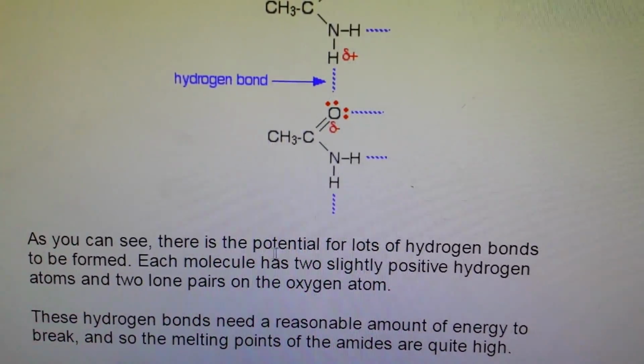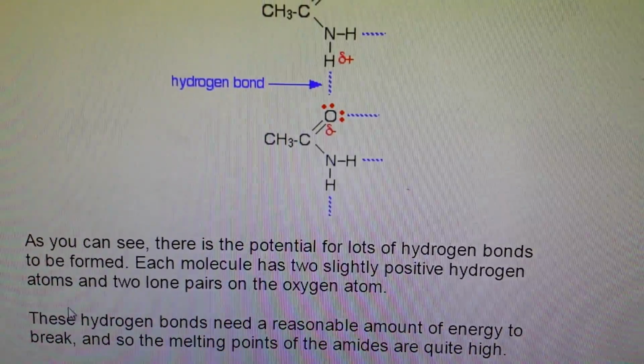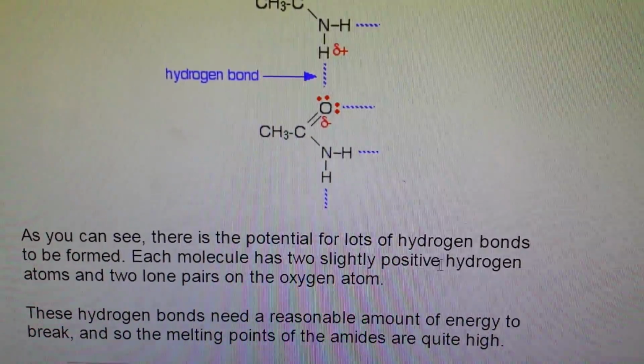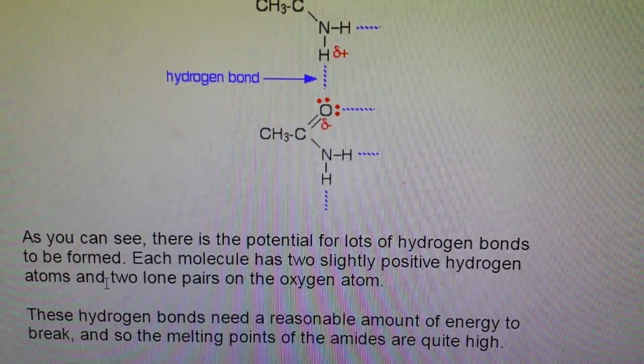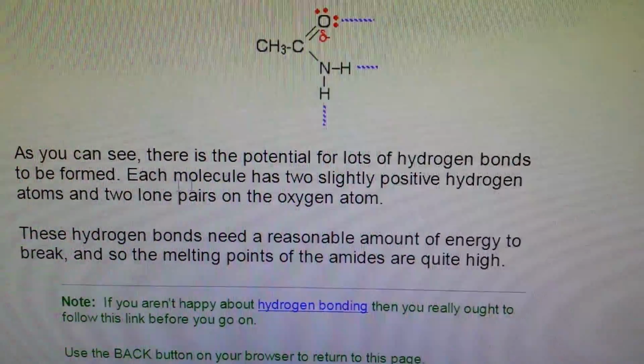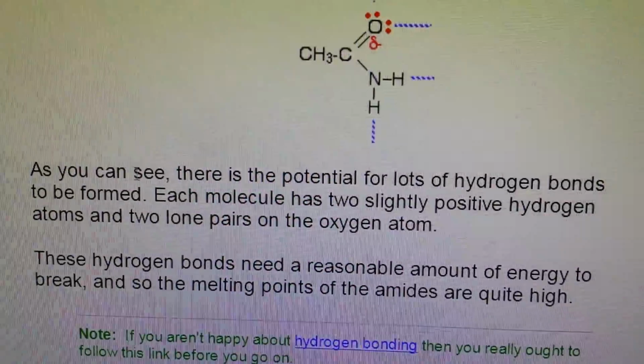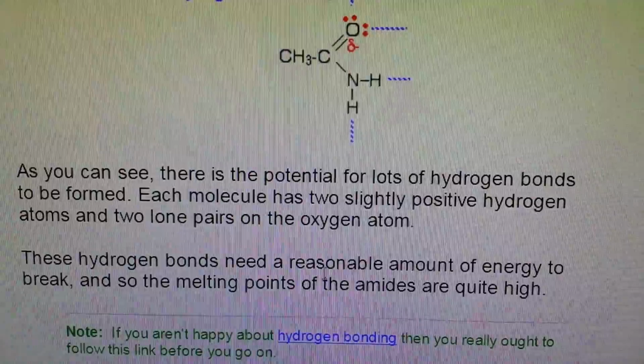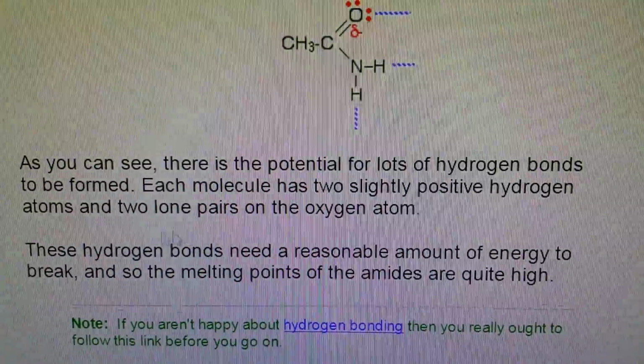As you can see, there is potential for a lot of hydrogen bonds to be formed. Each molecule has 2 slightly positive hydrogen atoms and 2 lone pairs.